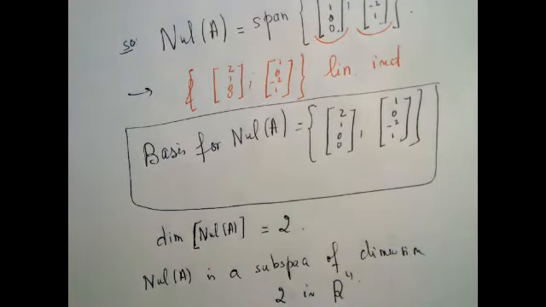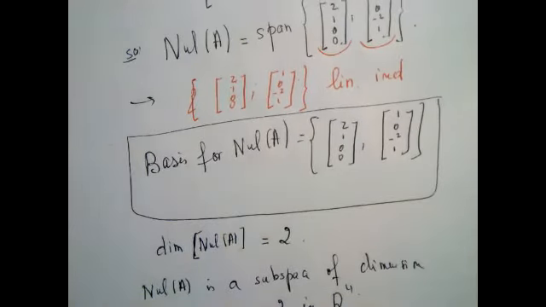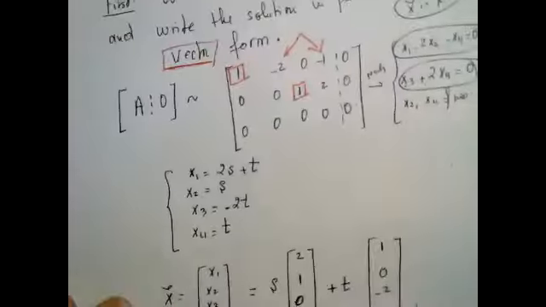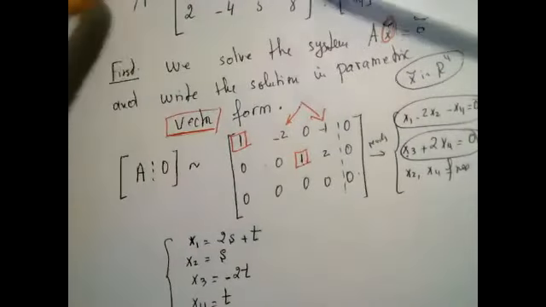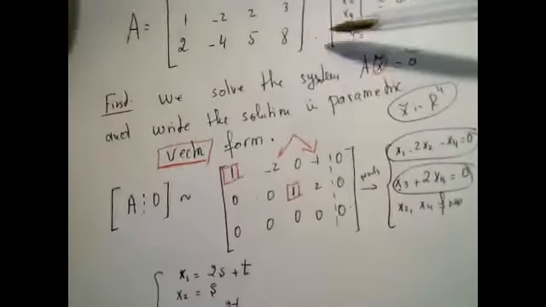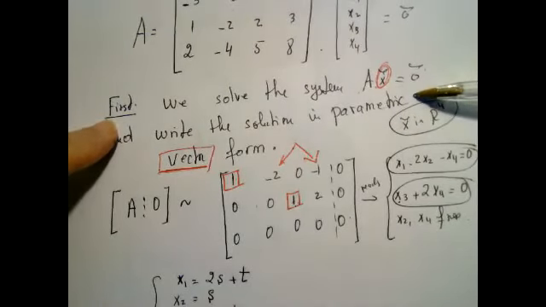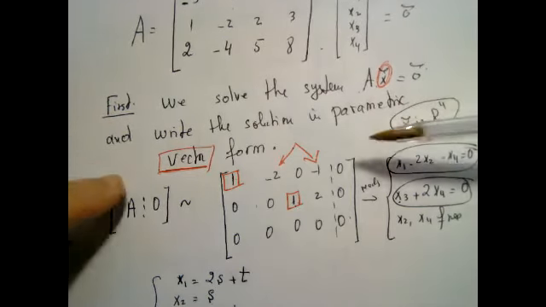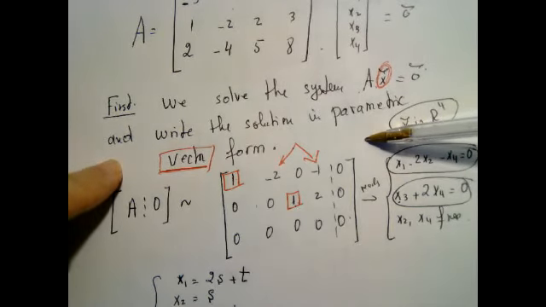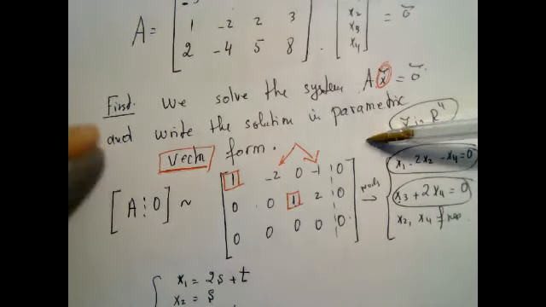Okay, so let me summarize how we find a basis for the null space. It's actually simple. We have a matrix. First, I have to know what the null space is. So we solve the system AX equal to 0, and we write the solution in parametric vector form.